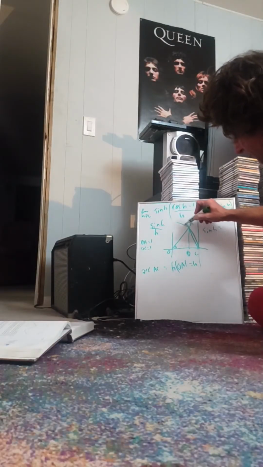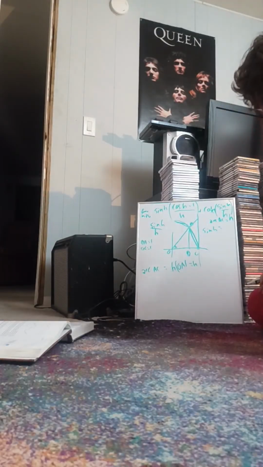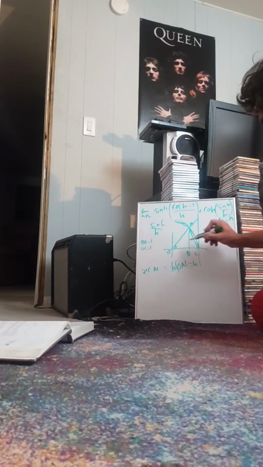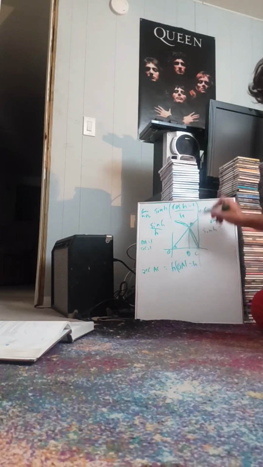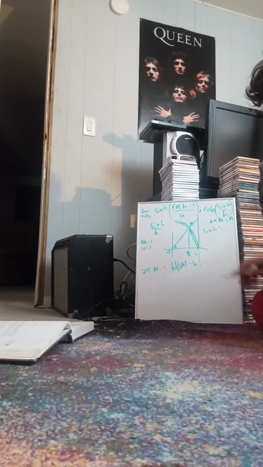It's not a very good circle, but the circle is going to curve. Sine of h equals, sine is always the y thing divided by the hypotenuse, or the longest one.